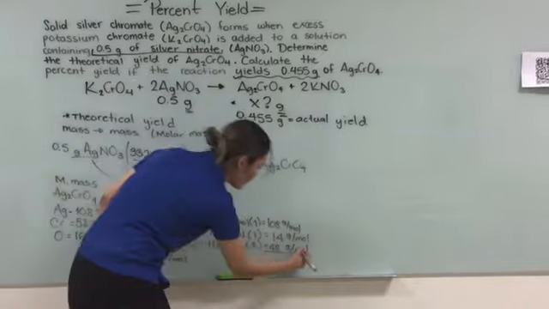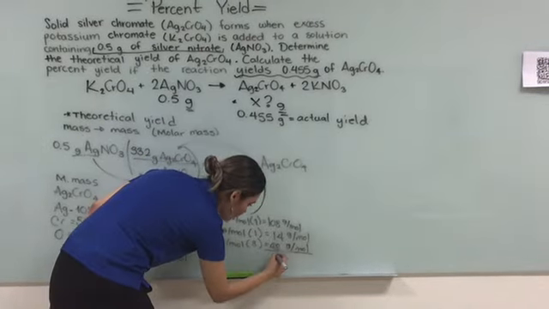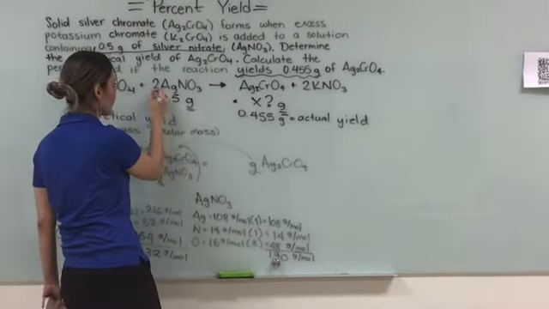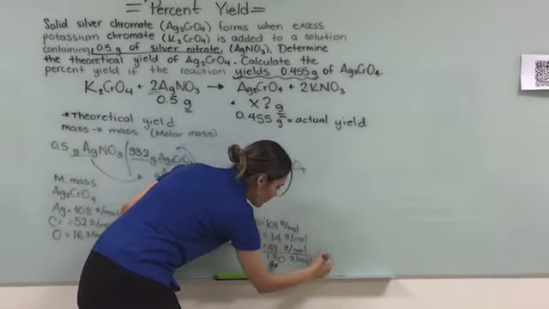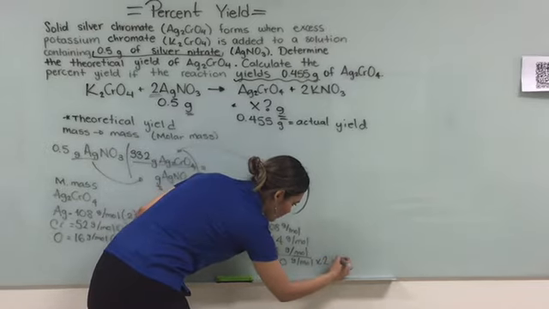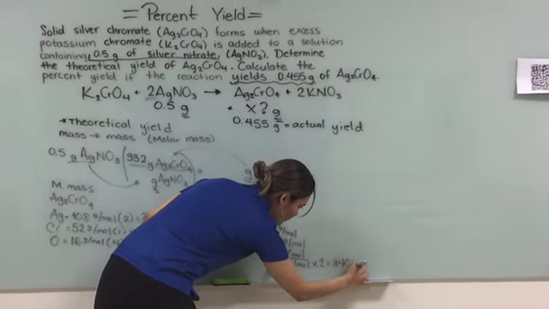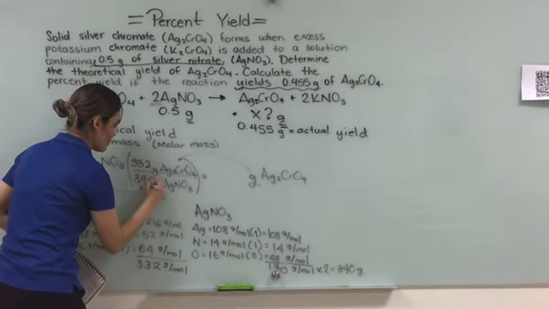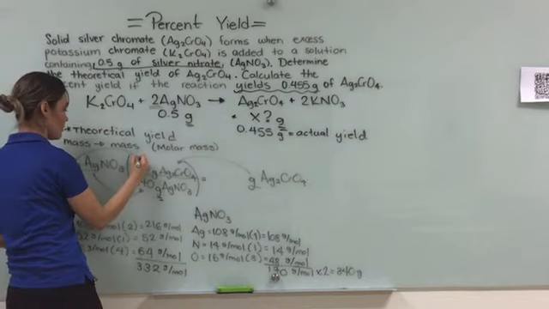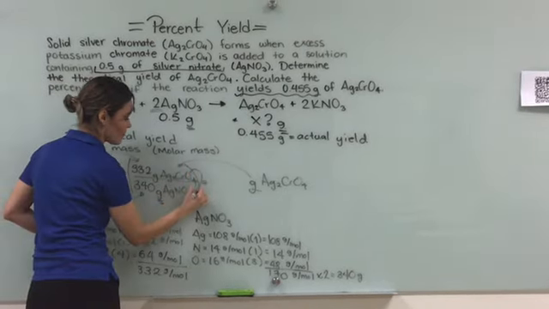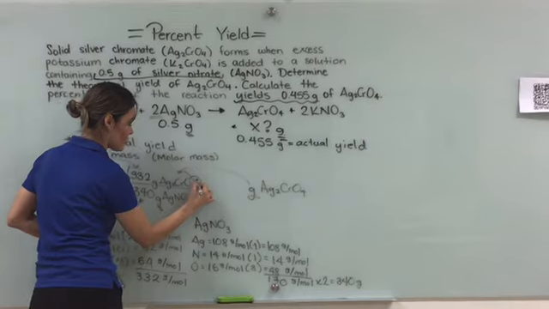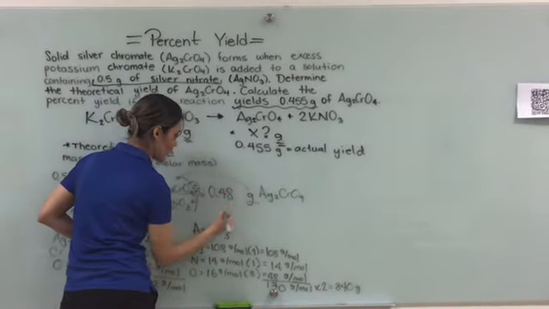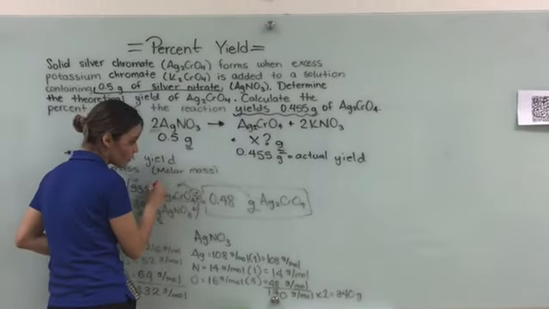Adding these three equals 170, times the coefficient that we have in the equation. It will be times 2, equals 340 grams, and we write it in the parentheses. As a final step, we multiply the 0.5 times the 332 divided by the 340, and we have a result of 0.48, and this would be our theoretical yield.